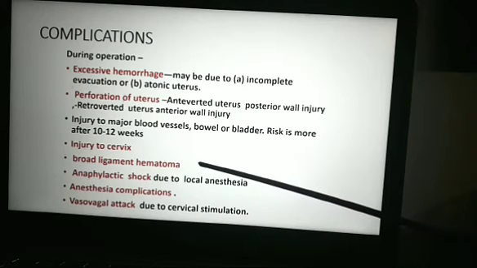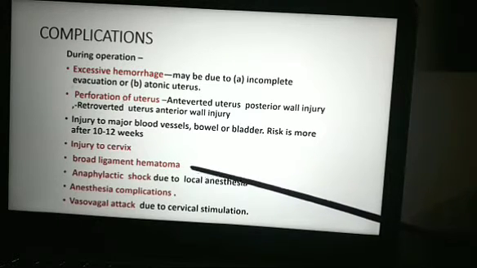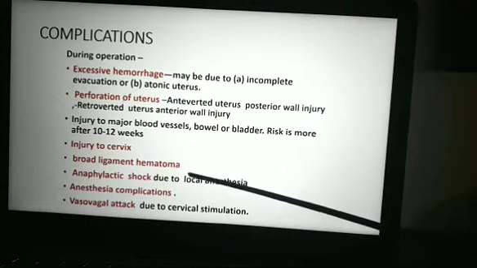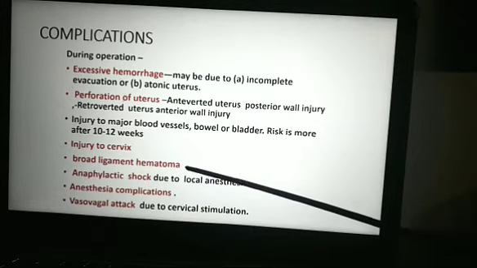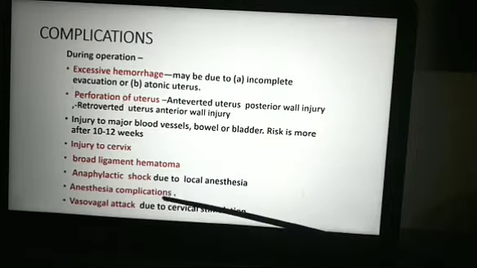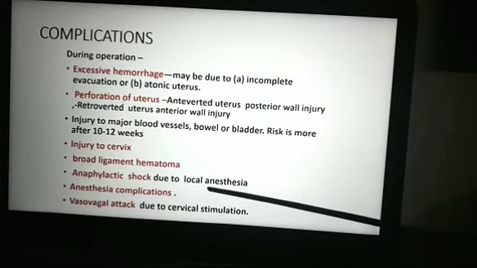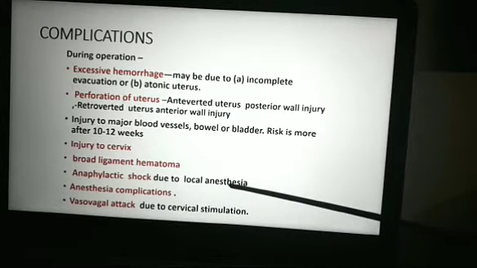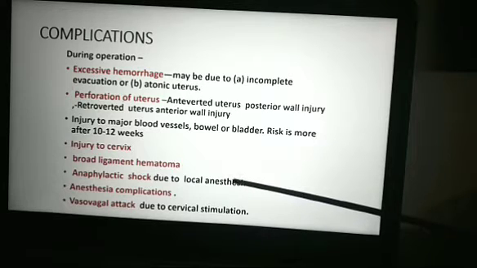Broad ligament hematoma can occur because of injury to the cervix or near the isthmus. It is a serious complication. There I have to explore the abdomen. Anaphylactic shock is a risk if I am using local anesthesia, paracervical, because the procedure can also be done under paracervical block.